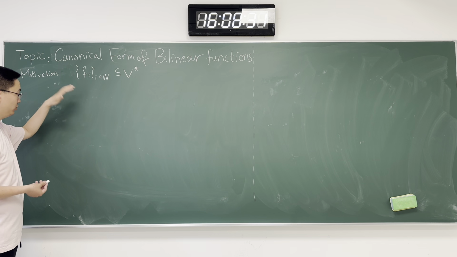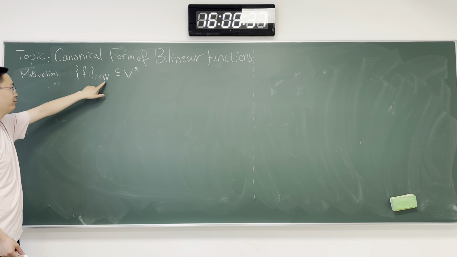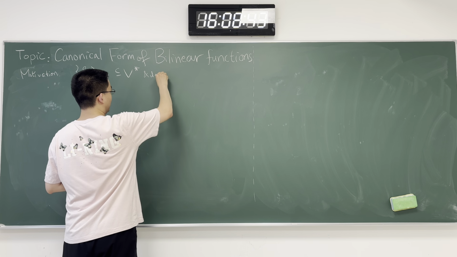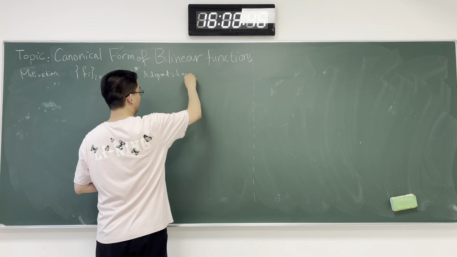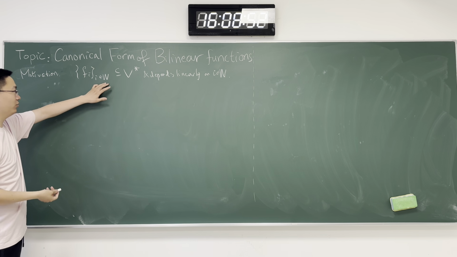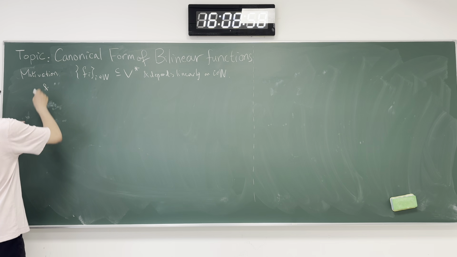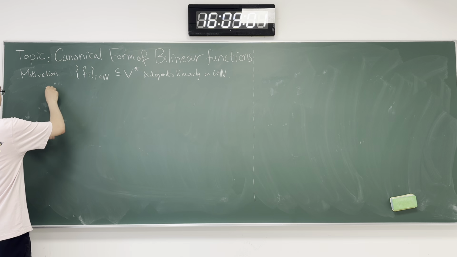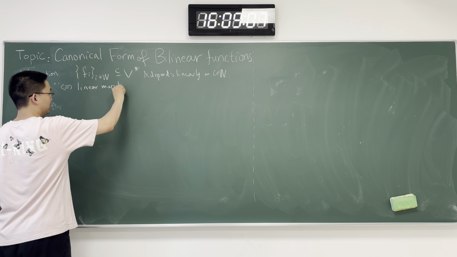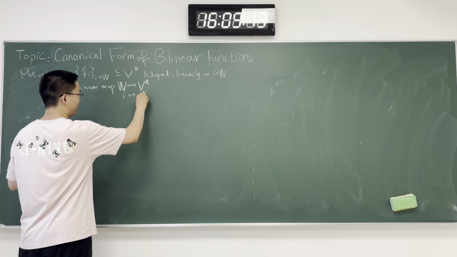And we also require that the family of linear functionals depends linearly with respect to its index, which means that W as an index set also has a vector space structure, and this just implies that there is a linear map from W to V star, by mapping i to the linear function F_i.